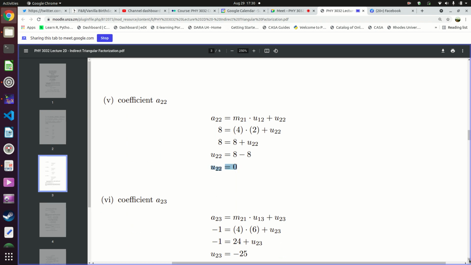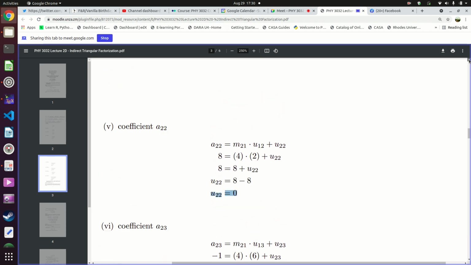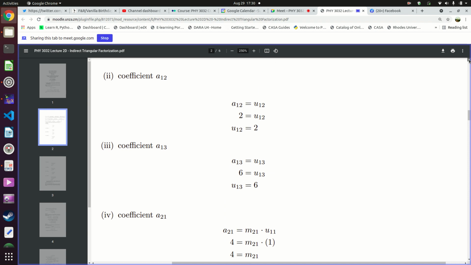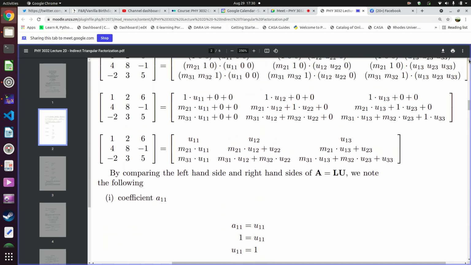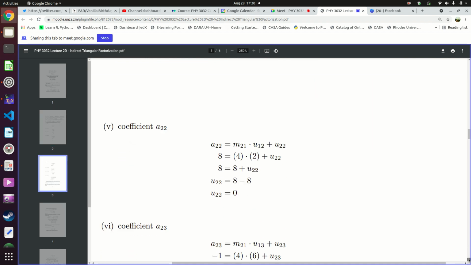So in this case, U22 is equal to 0. Then next, if you continue in this particular process, after finding out that U22 is equal to 0, we come to this bit here. This one, minus 1. So minus 1 equals M21 multiplied by U13 plus U23.